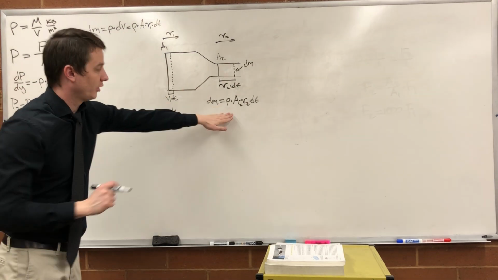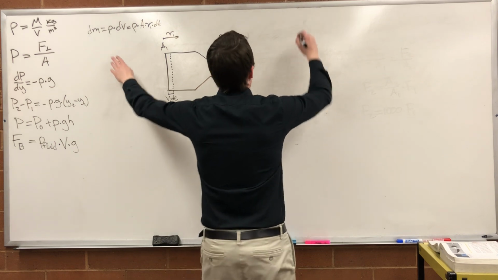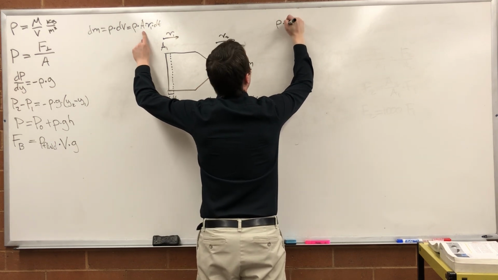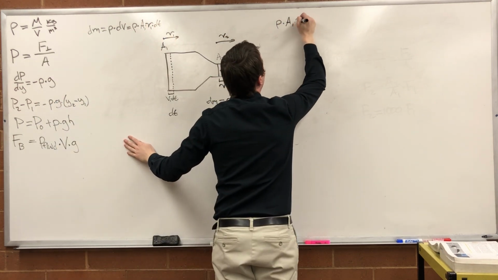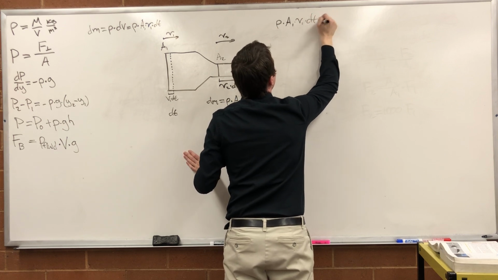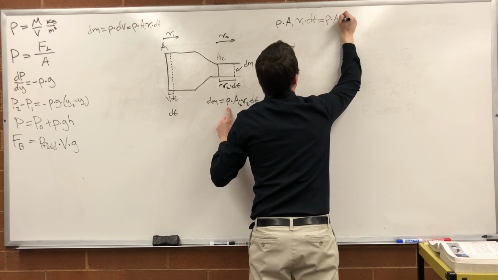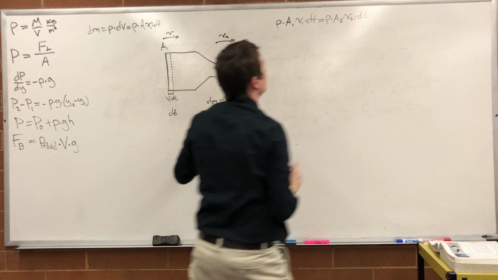Now dm is this, so these two equations are equal to each other. So I get rho times A1 times v1 times dt is equal to rho times A2 times v2 times dt.